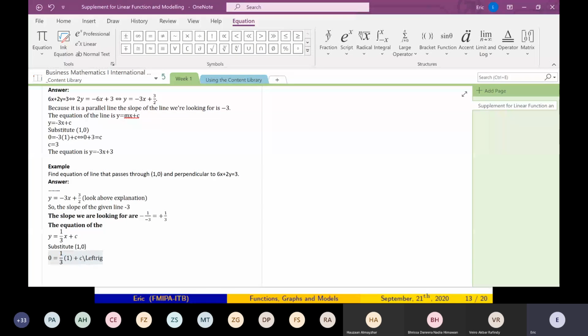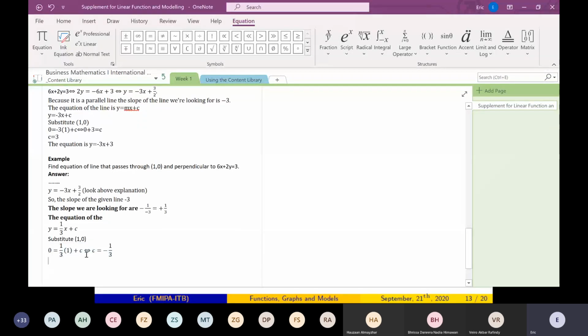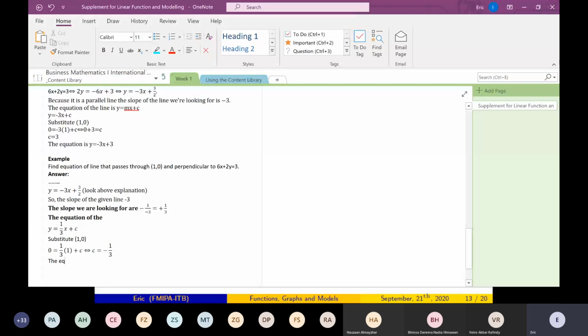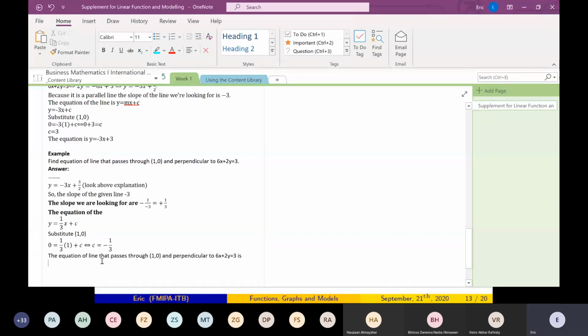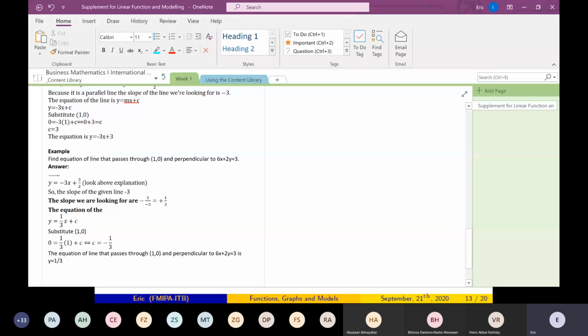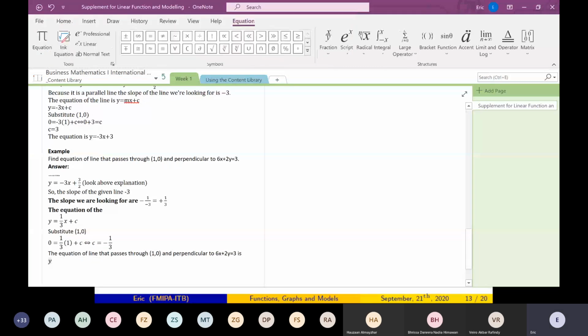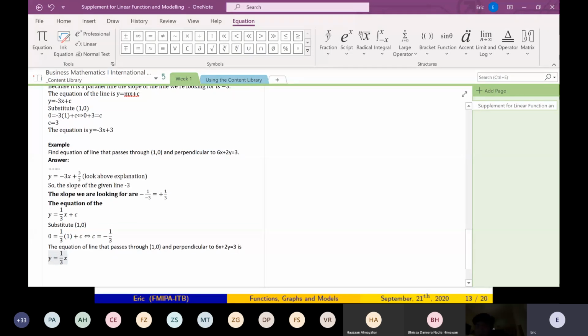This is the same as C equals minus 1/3, since 1/3 times 1 is 1/3 and it goes to the other side. So the equation is y equals 1/3 x minus 1/3.